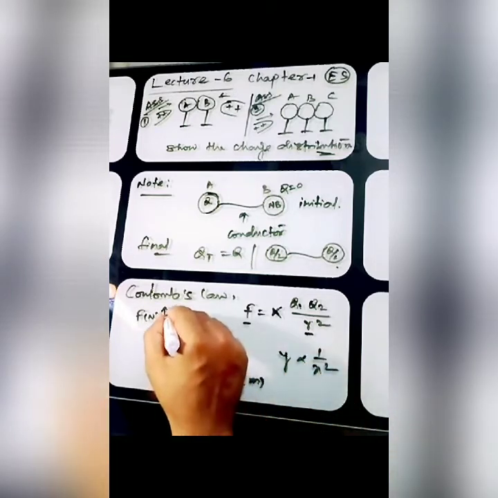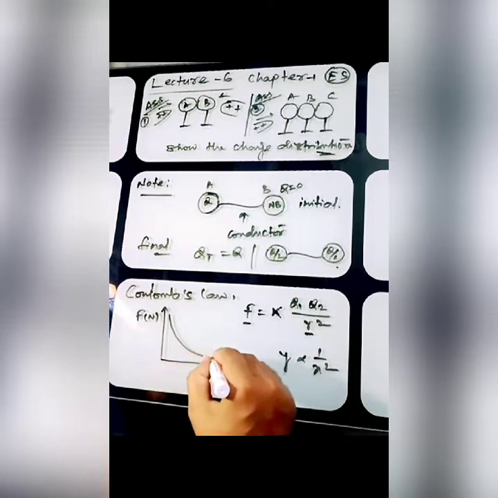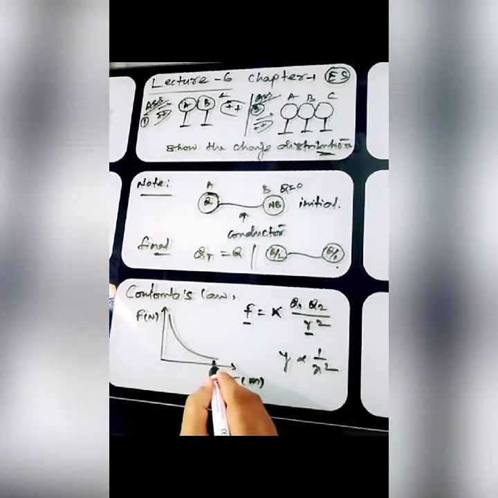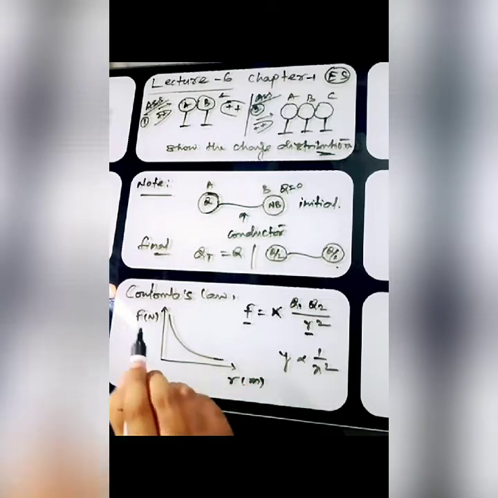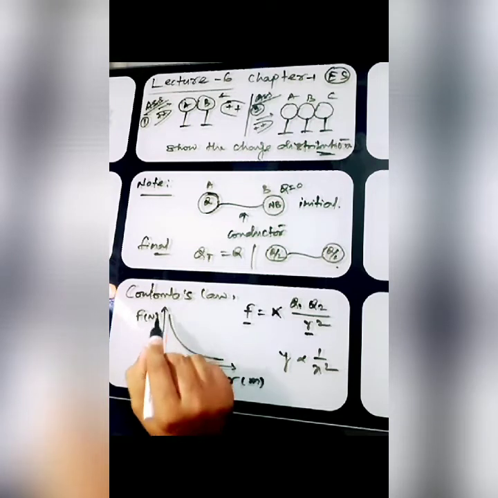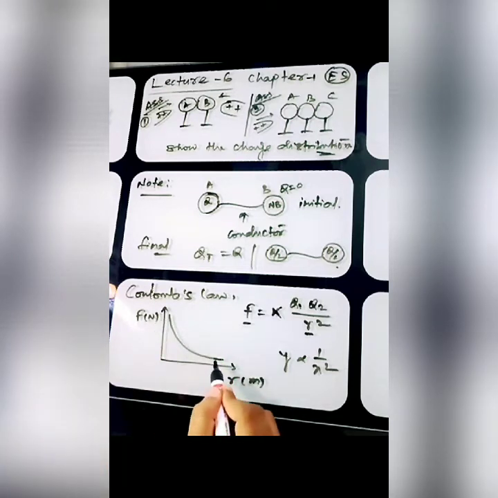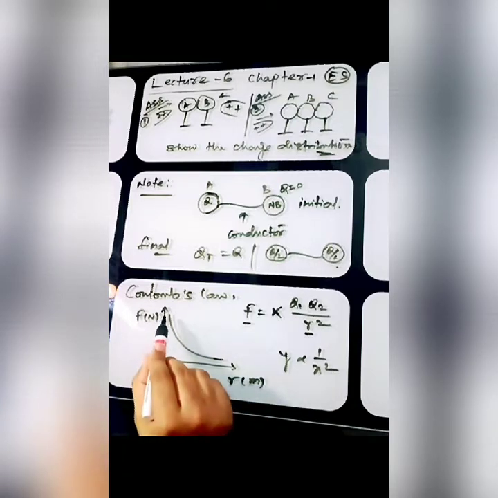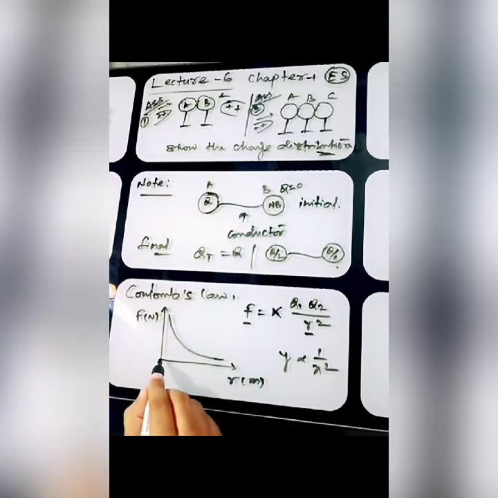So the graph will be in this way. Remember, students, in this graph, the curve will not touch the y-axis or the x-axis, because if it touched the y-axis, the force would be maximum for r equals 0, which is not correct.